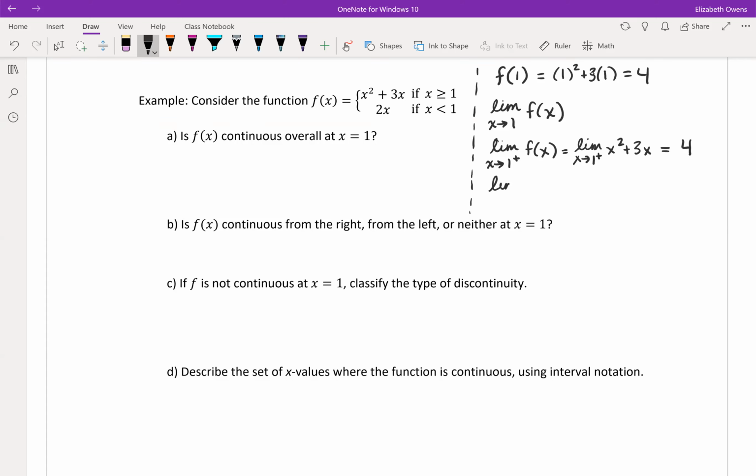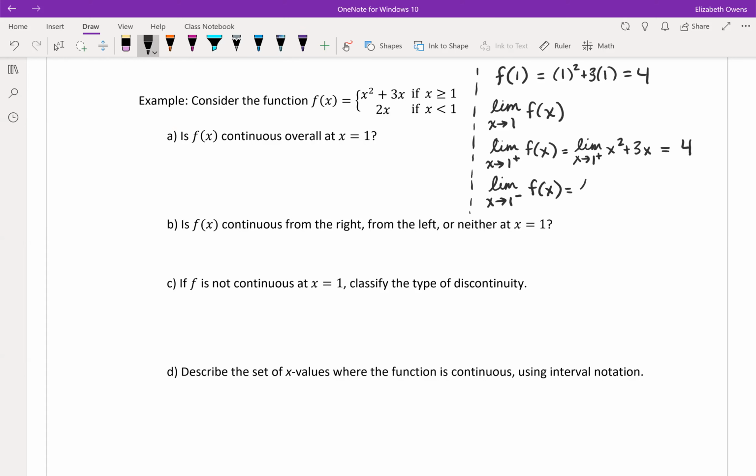And then the limit as x approaches 1 from the left of f of x. 1 is right there. From the left, that would be values that are less than 1. So we are going to need to use the other piece of the piecewise function. Bet you could have guessed that.